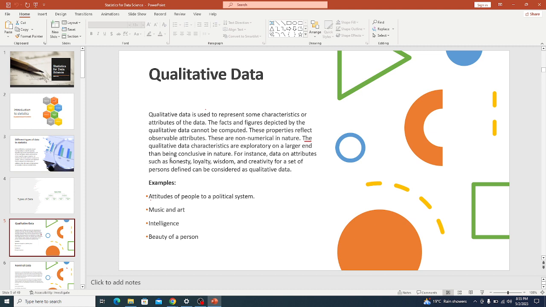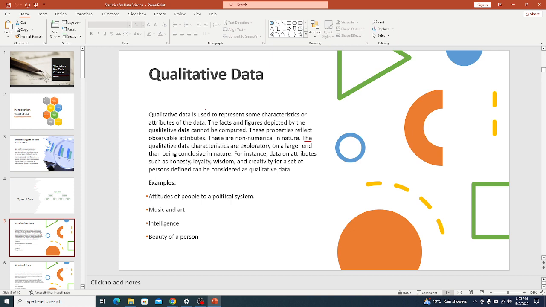I think most of you have interacted with SPSS, whereby you can assign a value to a variable. Let's say we have a variable gender. Under gender we can categorize 0 as male and 1 as female.